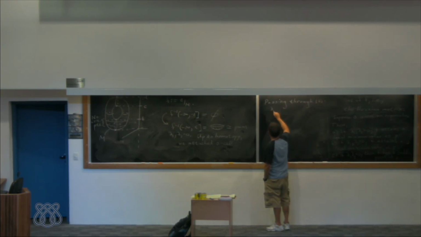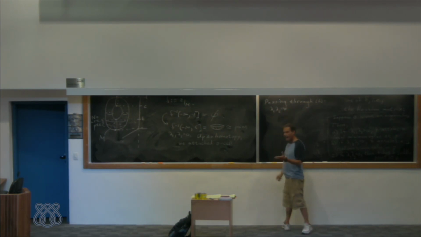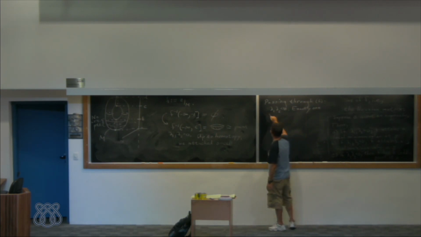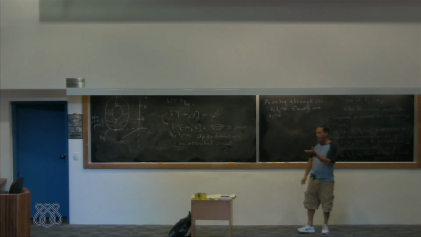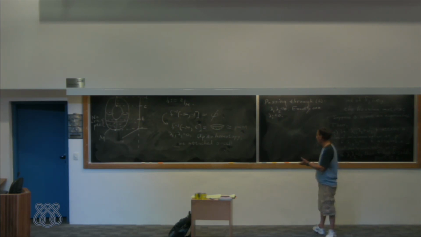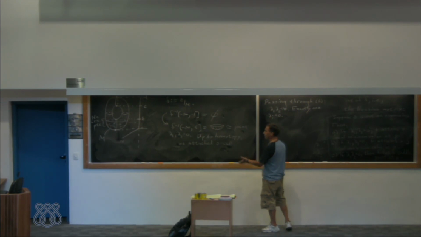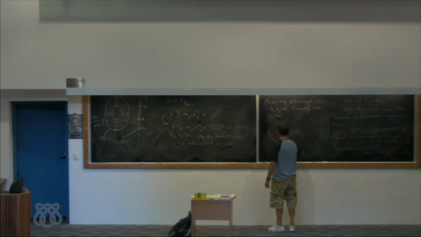Lambda 1 times lambda 2 is negative. So exactly 1. That's the same as saying exactly 1 lambda i is less than 0. What happens up to homotopy? Okay, well, right before you got there, you had this.